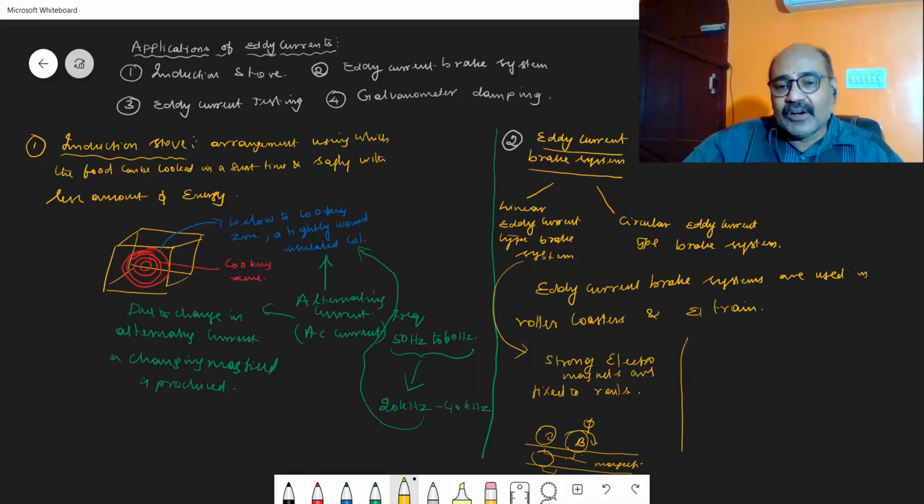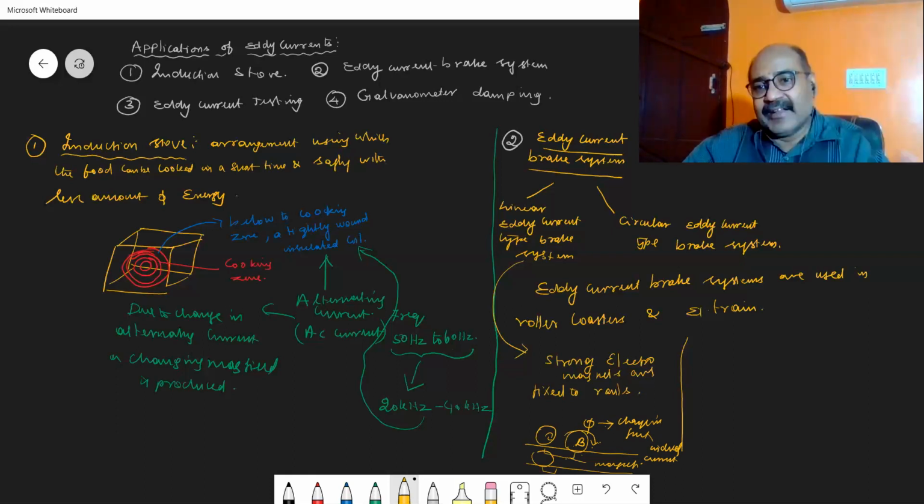Due to the rotation of the wheel, there will be a change in flux. Due to the change in flux, current is induced. That induced current makes this rotating wheel come to rest immediately. That we call the linear electromagnetic brake system.